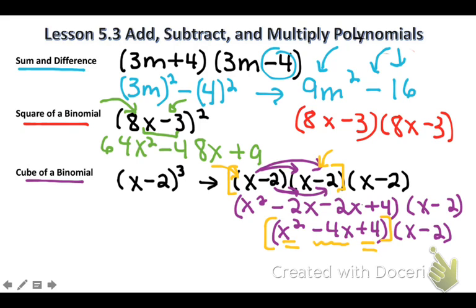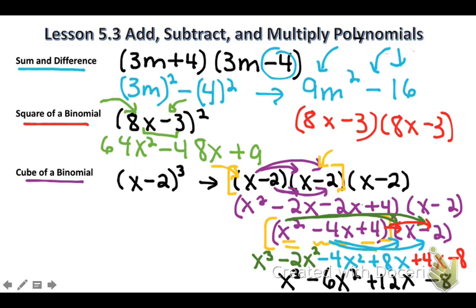So you could use your shortcut there. Now we're going to distribute. So at this point, I distributed the x squared to the second parenthesis, the binomial, the negative 4x, and then the 4, which gave us this line.